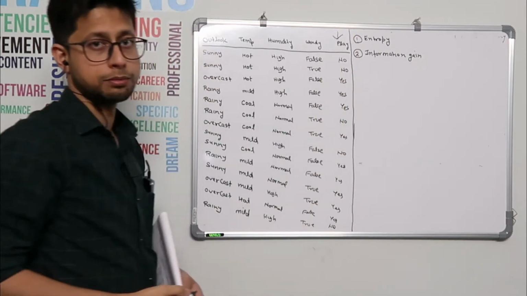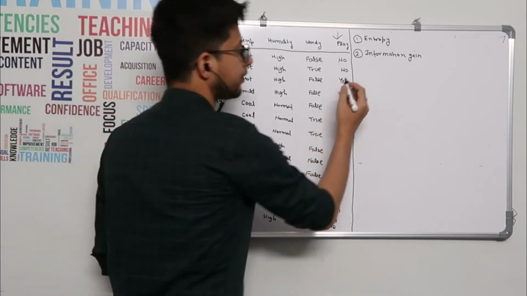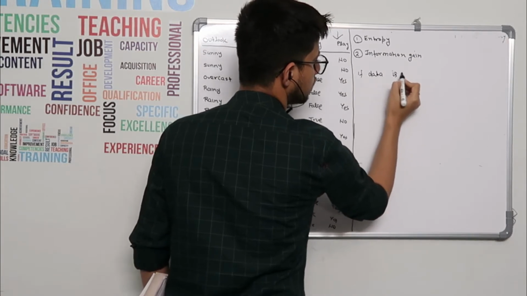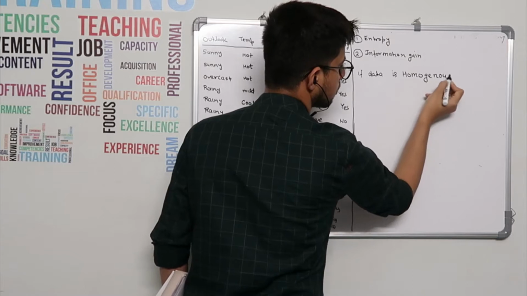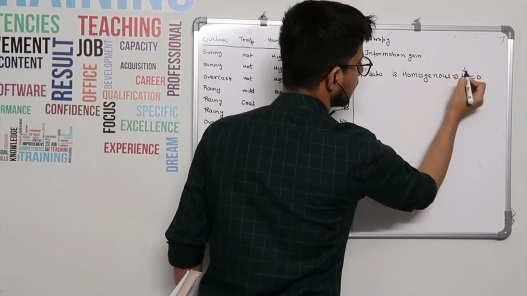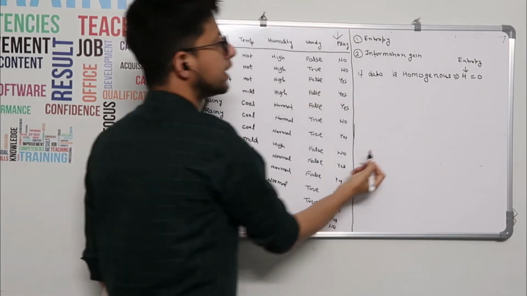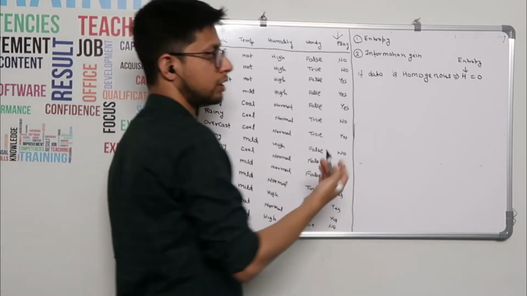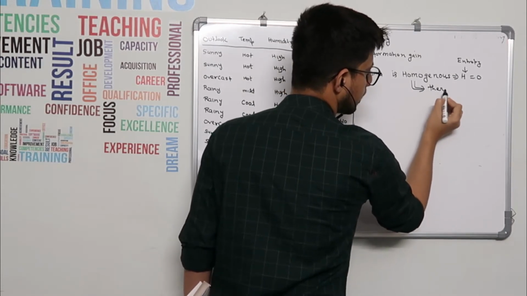So if your data set is homogeneous, this implies your entropy is 0. Entropy is denoted by H. If your data set is homogeneous, entropy is 0. Homogeneous means there is only one class.